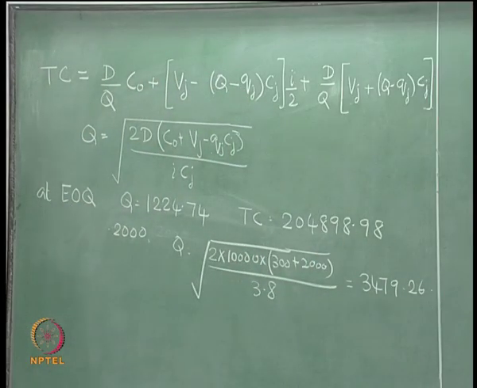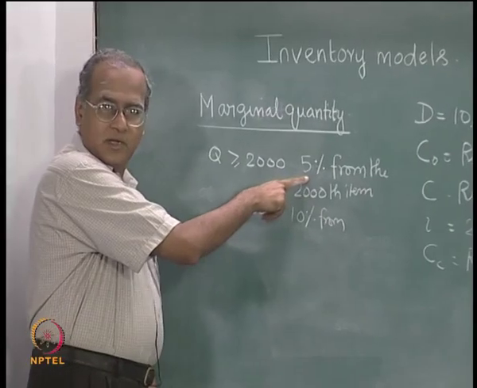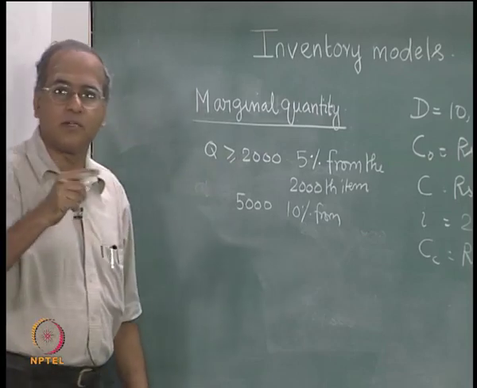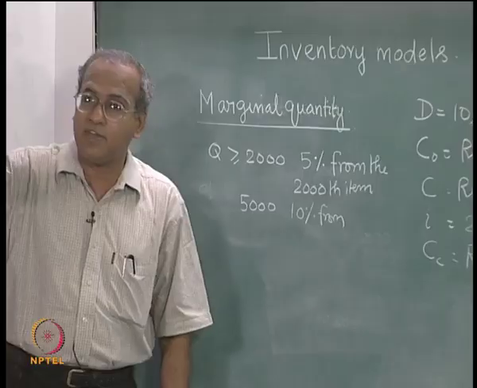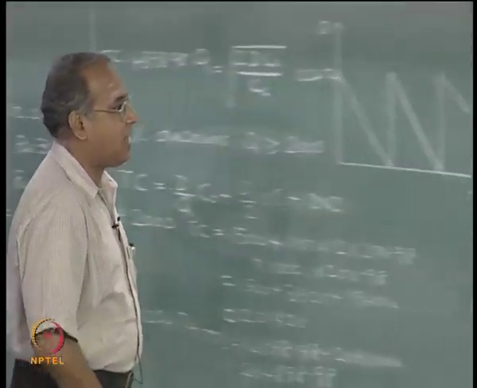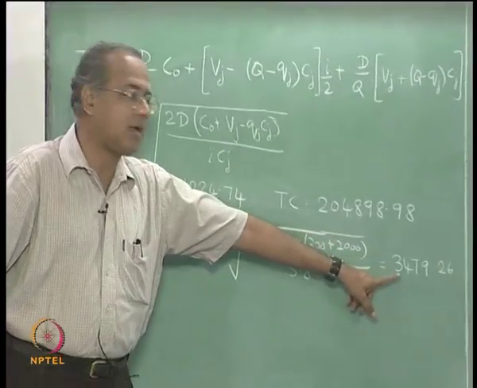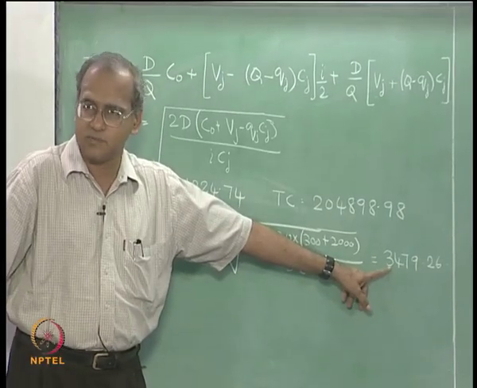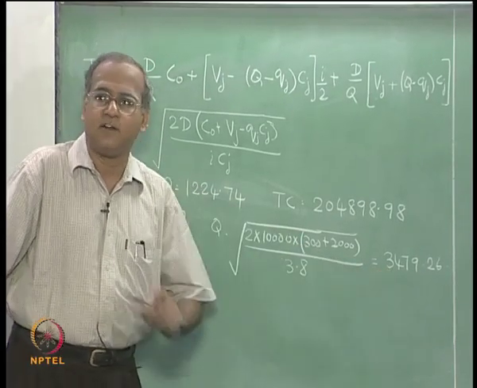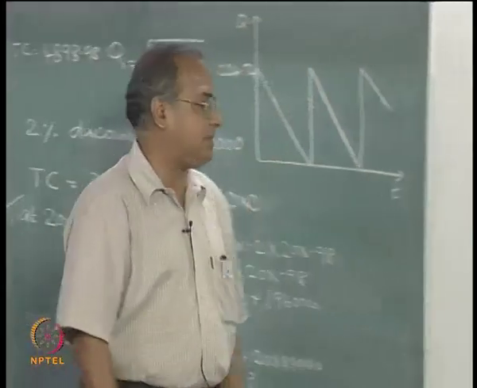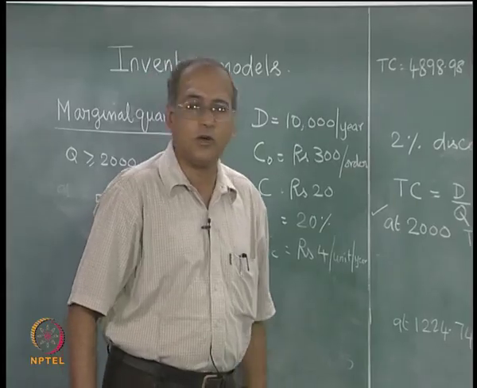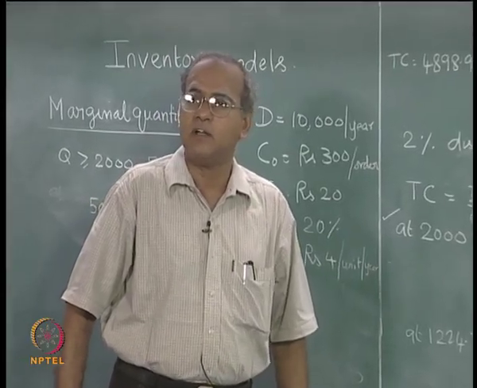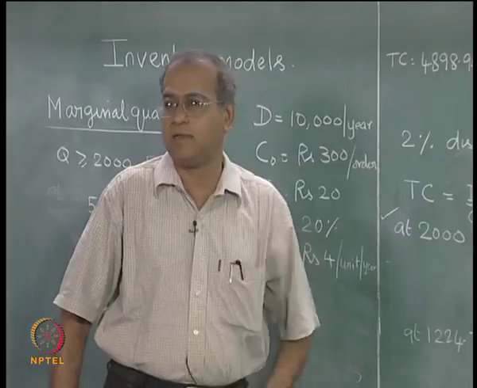So, if we really want to use this marginal discount of 5% from the 2000th item onwards, the best deal we will get is if we order 3479.26 items, out of which the first 2000 items will be priced at 20 and the balance 1479 items will be priced at 19.